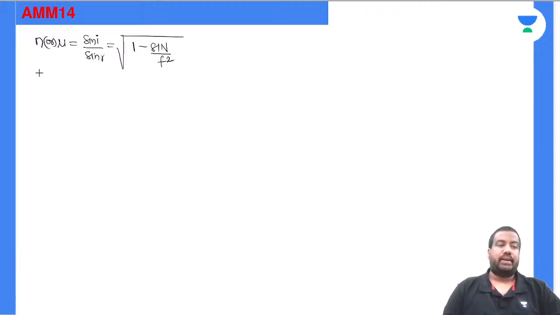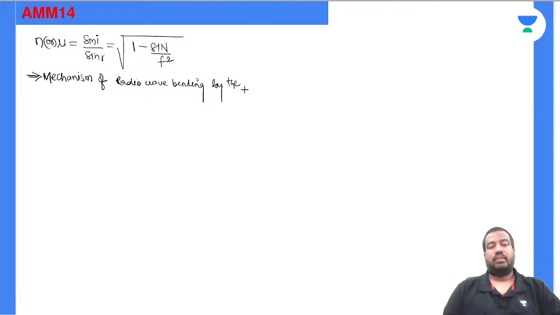We had also completed the concept of mechanism of radio waves bending by the ionosphere, and also we derived the critical frequency, Fc equal to 9 root n max.